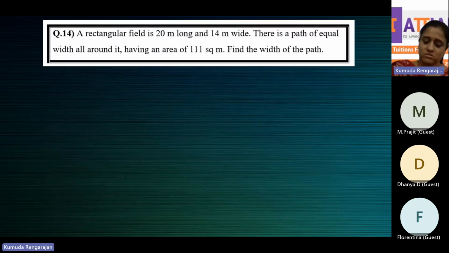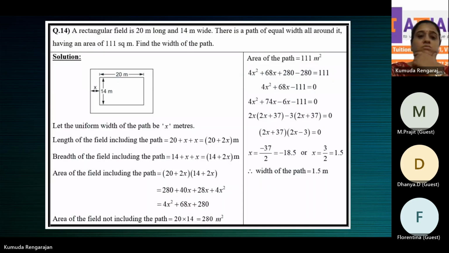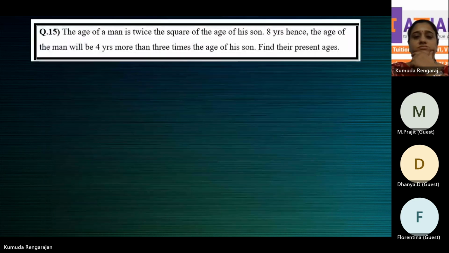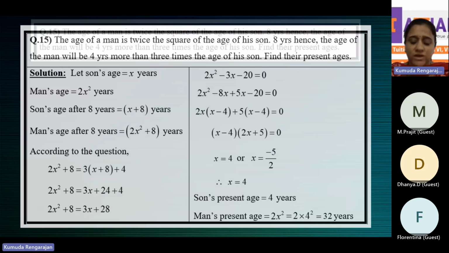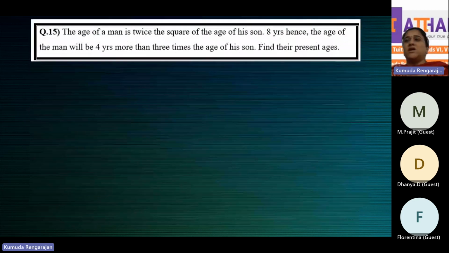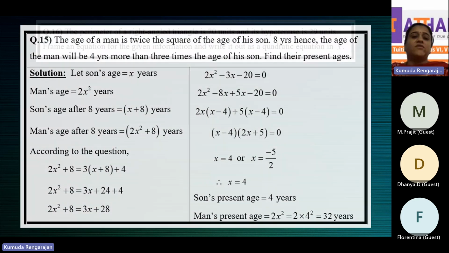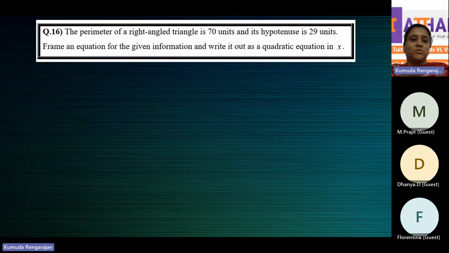Okay, because it's time, no? I think if I start, it will take some 10-15 minutes, so I'll not do anything. It's 9:30, right? If I start, all these are time consuming, children. If I start this, it will take 15 minutes, then that will be too late for you.